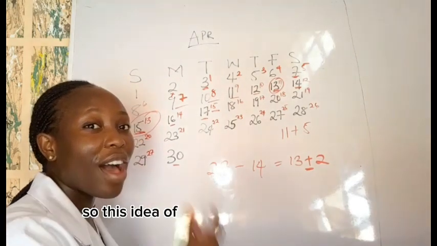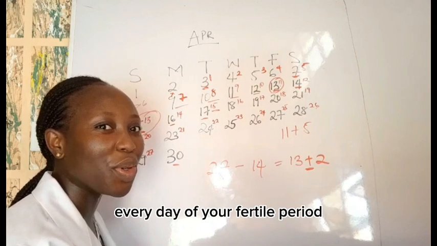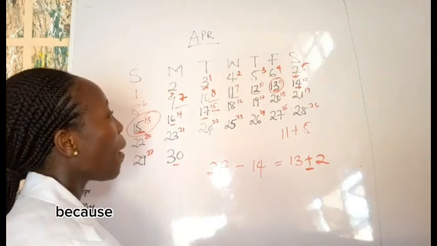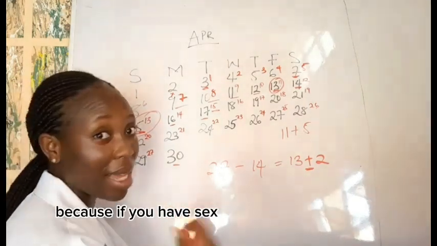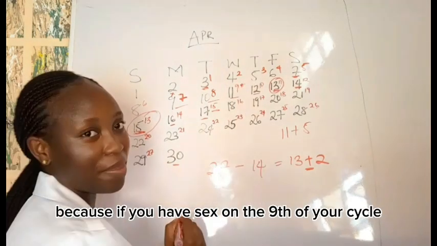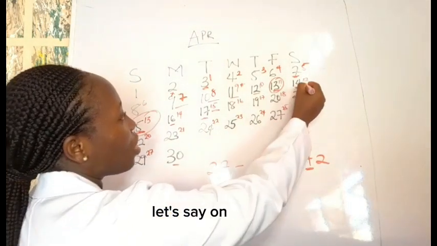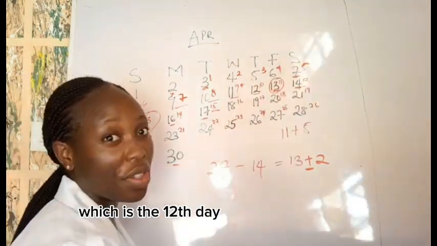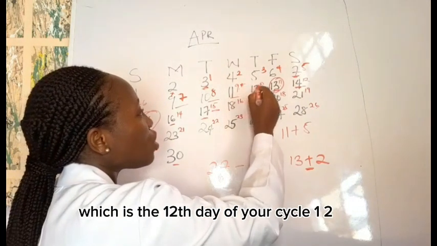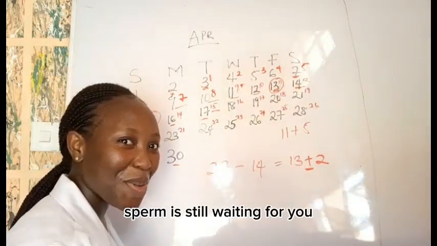So this idea of having sexual intercourse every day of your fertile period shouldn't be, because if you have sex on the 9th of your cycle and then you ovulate, let's say on the 14th, which is the 12th day of your cycle, 1, 2, 3, 4, sperm is still waiting for you.